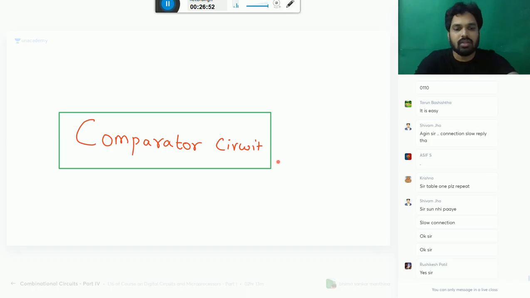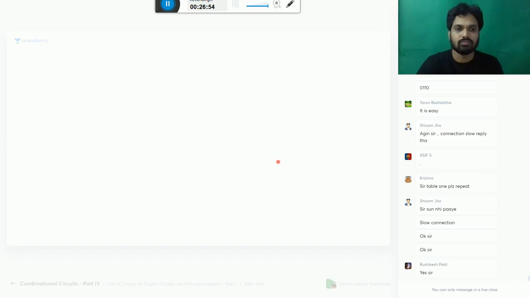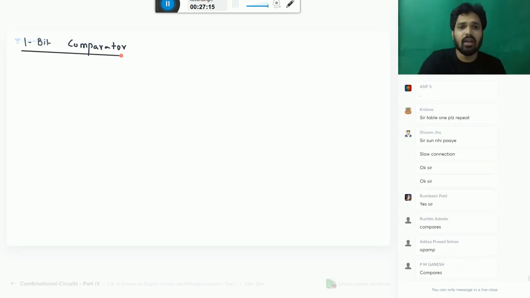In that, first the one bit comparator. What is a comparator? It will just compare whether the two bits are equal, greater, or less.